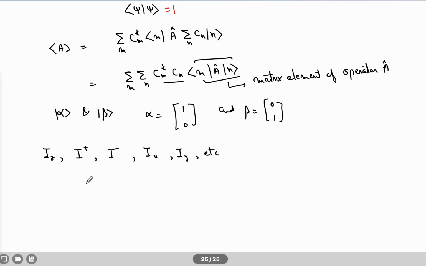Okay, so we had also learned another operator called projection operator, which is nothing but equal to the inner product of the two states. Similarly, for I beta was written as beta beta. So these are projection operators.